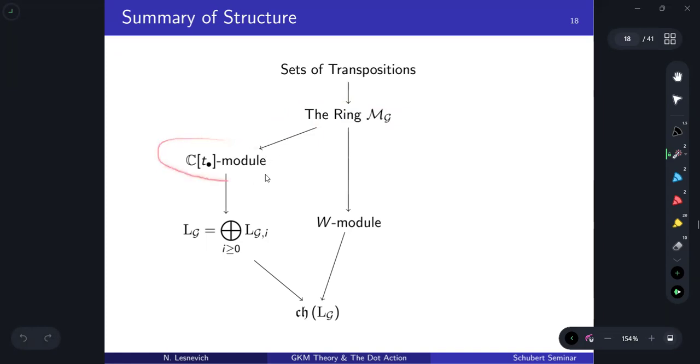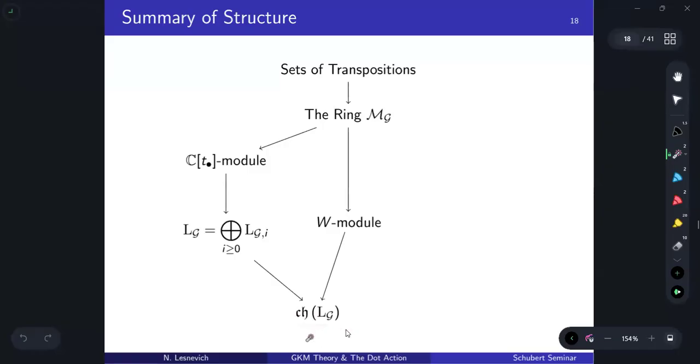That set is a module over the polynomial ring, and this quotient gives me a graded vector space. Also associated to it is this W action, the dot action, so it has a W-module structure, and all of this combines together to give you a graded character.